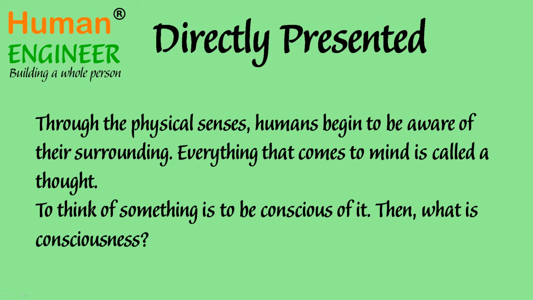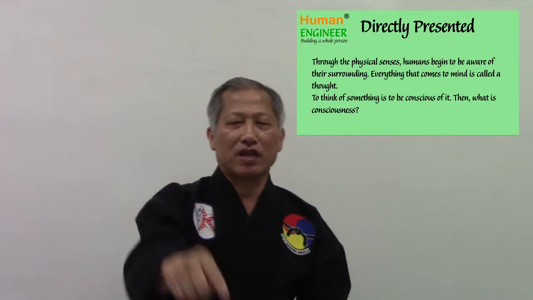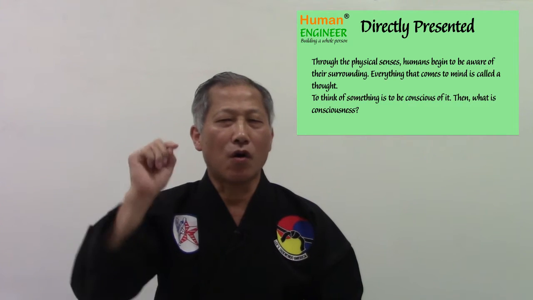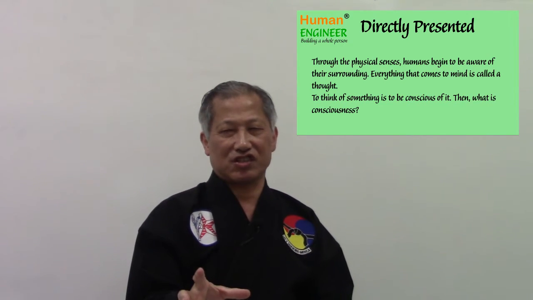First, directly present. Through our physical sensation, humans begin to become aware of our surroundings. Everything that comes to our mind, we can call a thought. To think of something is to be aware, or conscious.